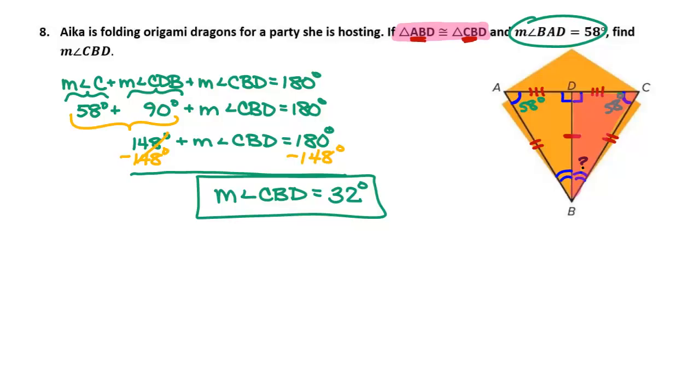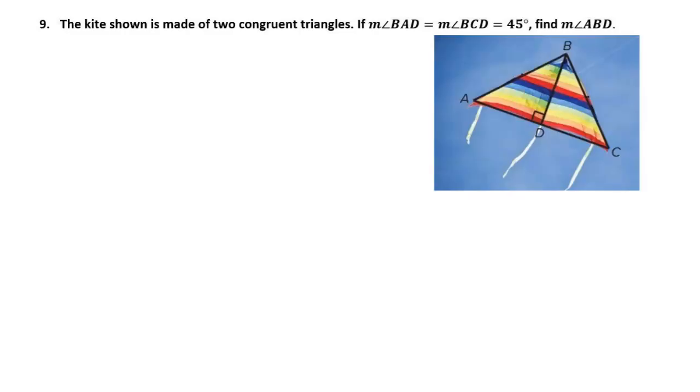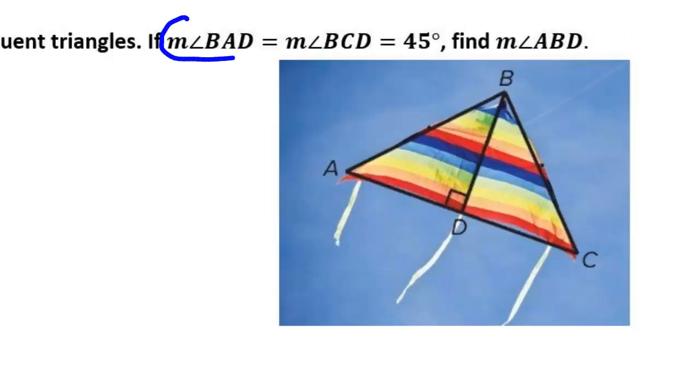All right, let's look down at number 9, the last one on this page. The kite shown is made of 2 congruent triangles, but it didn't give me a triangle congruent statement this time. It just said it was made up of 2 congruent triangles. Let's see if we can figure out which angles are congruent. It tells me right here about 2 such angles.